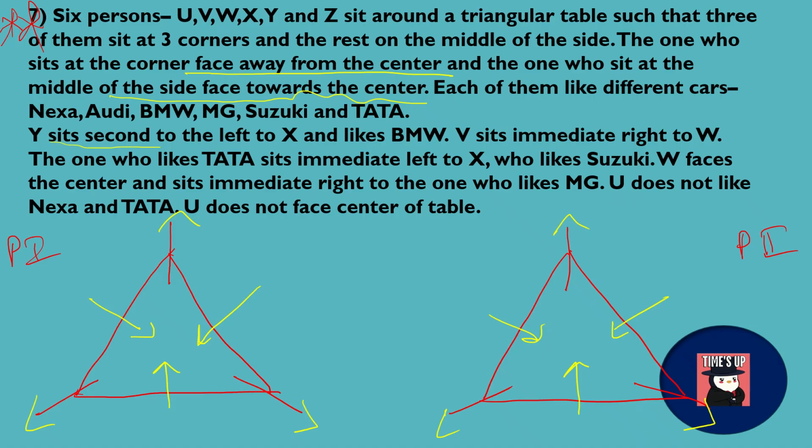Y sits second to the left of X and likes BMW. V sits immediate right to W. Is any exact information given to you?